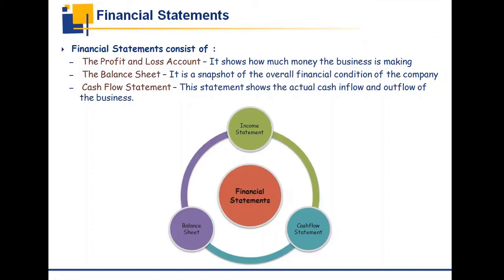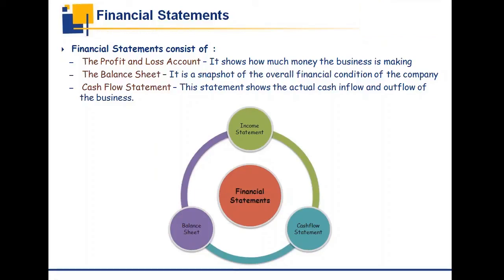That's why we always say profit and loss account for the year ended, say, 31st March 2014. It tells us how much profit, loss, revenues and expenses I have incurred during a particular period, which is a year spanning from 1st April 2013 to 31st March 2014.